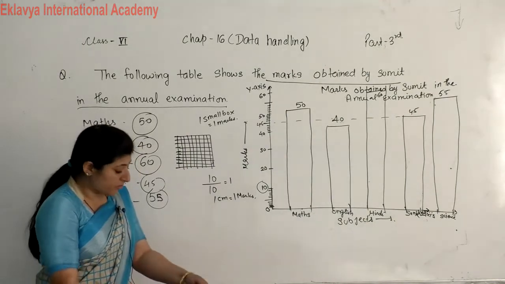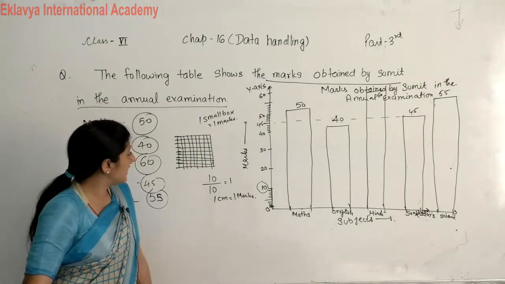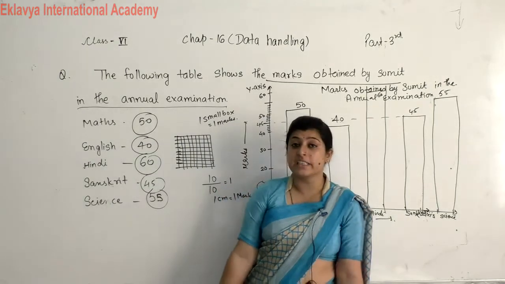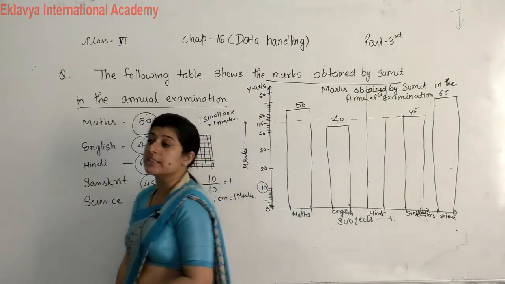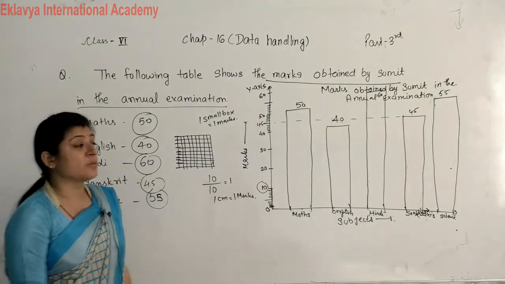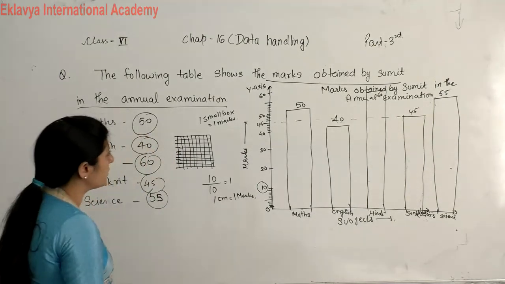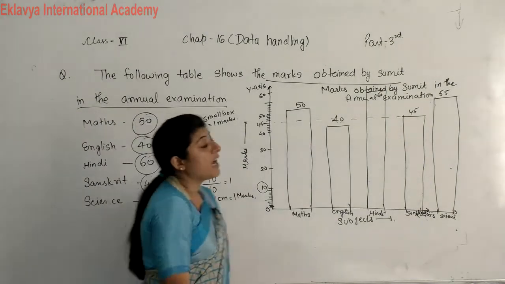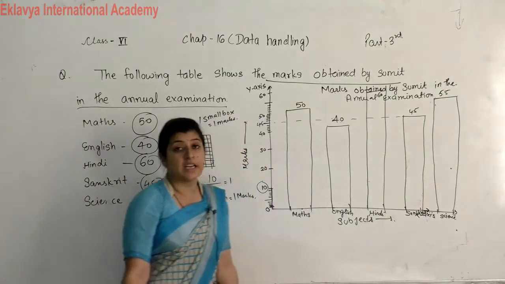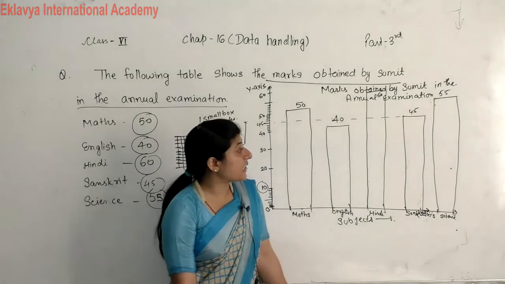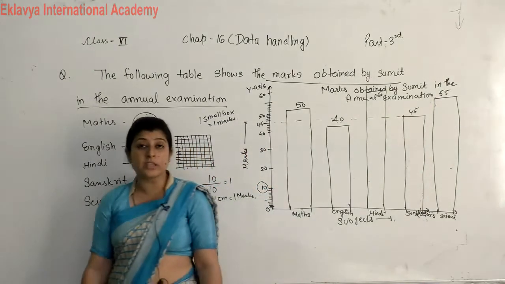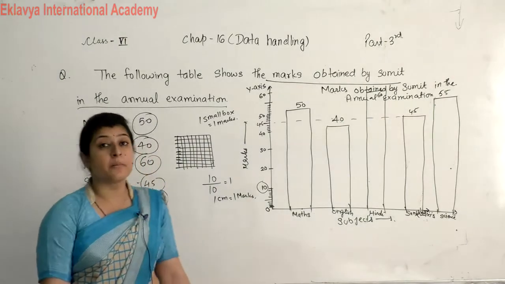Now see, from the bar graph we can easily see in which subject Sumit got the highest marks. Your first question is, in which subject did Sumit get the highest marks? You can see properly that in Hindi Sumit got the highest marks. And in which subject the lowest marks? You can say English. In English Sumit got the lowest marks.